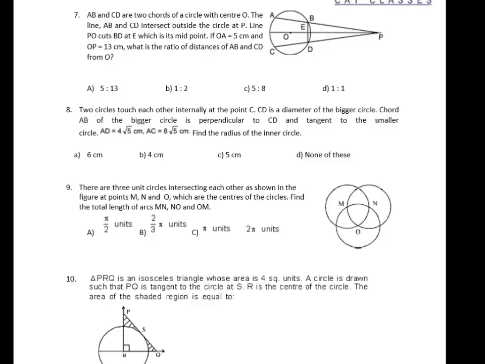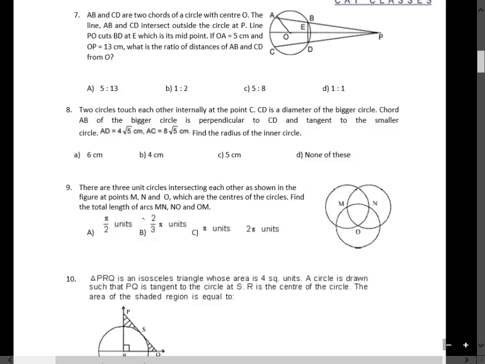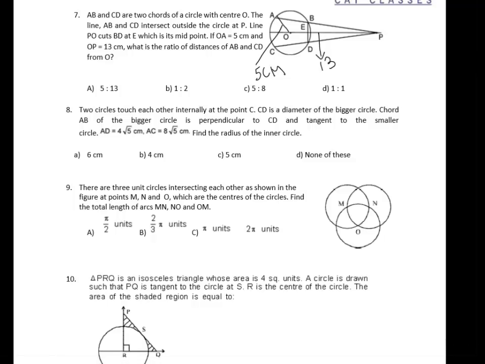Now read the question. Line PO cuts BD at E, which is the midpoint. OA is equal to 5 centimeters, so this is 5 centimeters, and OP is 13 centimeters. What is the ratio of the distances of AB and CD from O?